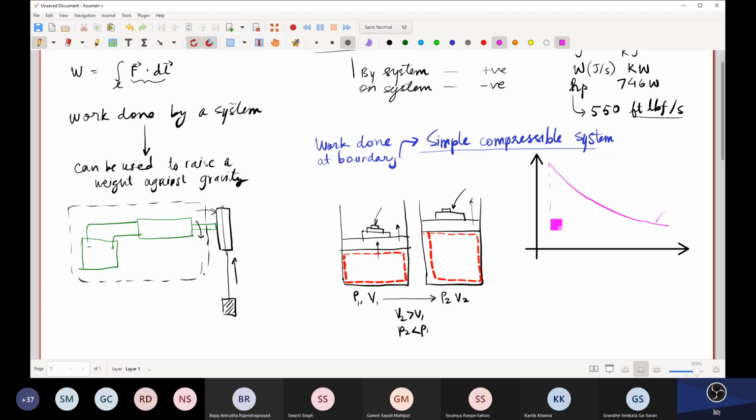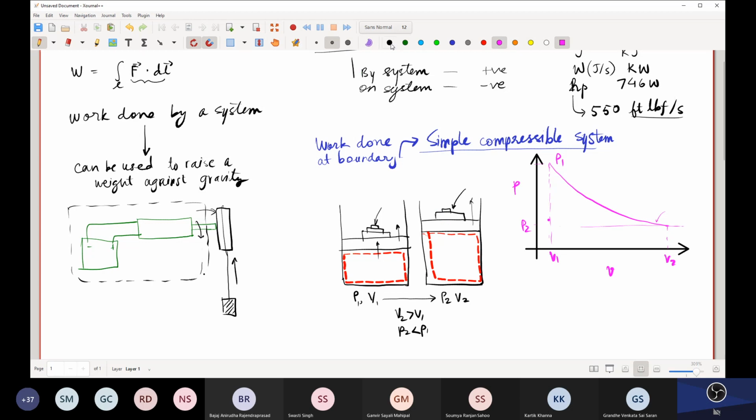So say that through experiments you have obtained this curve, and over here you have pressure, over here you have volume. Okay, so this point is P1 and this point is P2, this is V1 and this is V2. And this is what it is.